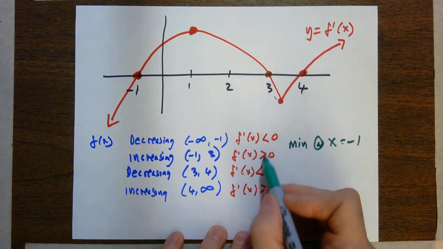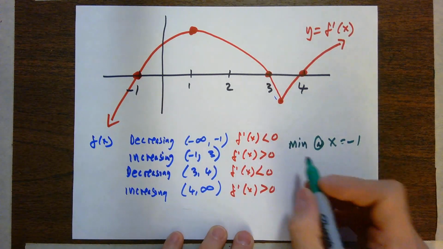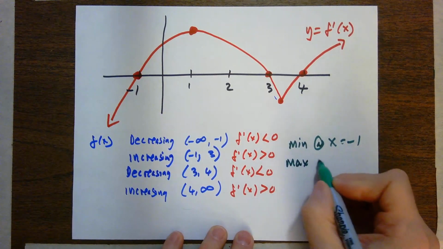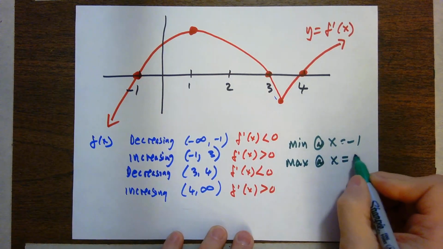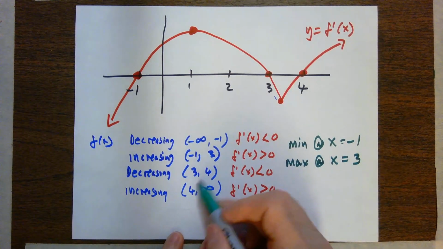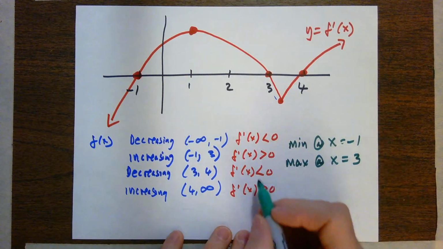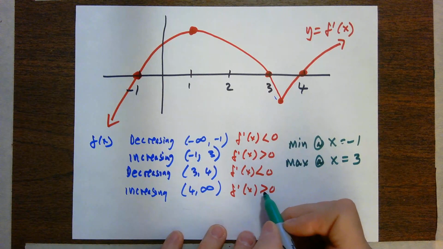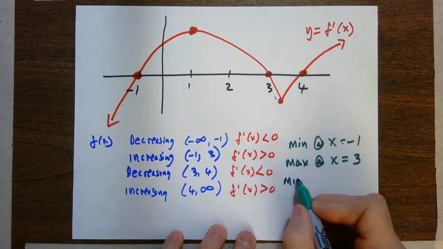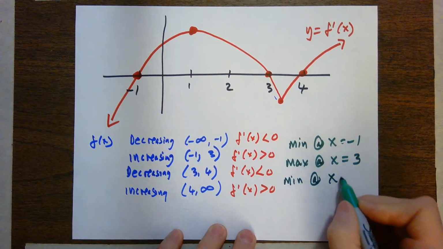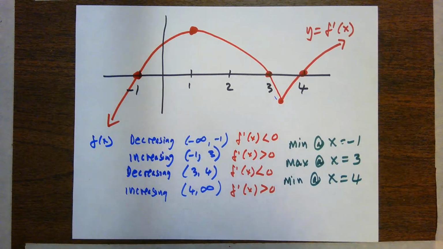Well, I'm going from positive to negative, so I'm going to have a maximum value at x equals 3. And what's happening at 4? Well, at 4, it looks like I'm changing from negative to positive. It looks like I'm going to have a minimum value at x equals +4 in the original function. All of this is in the original function.